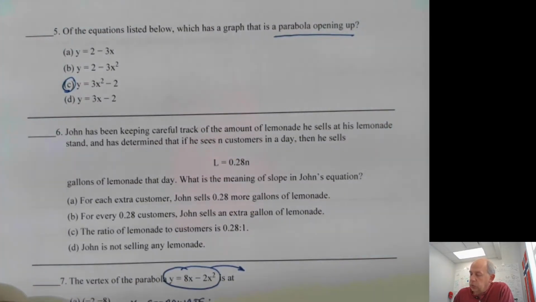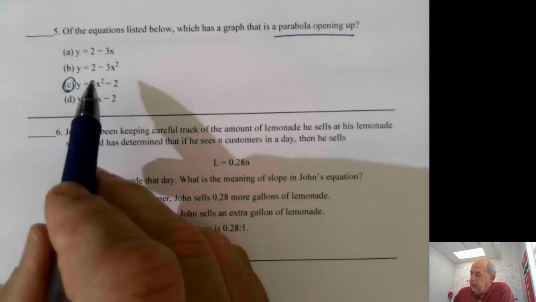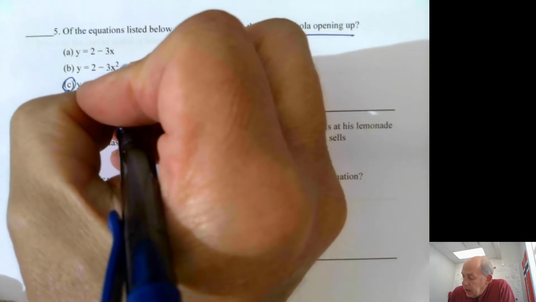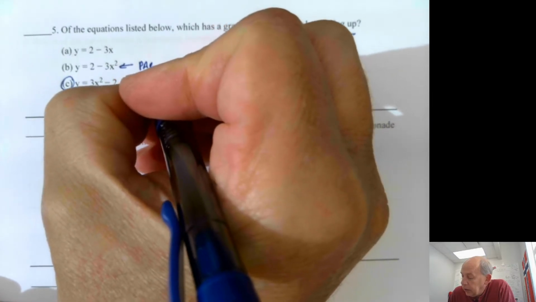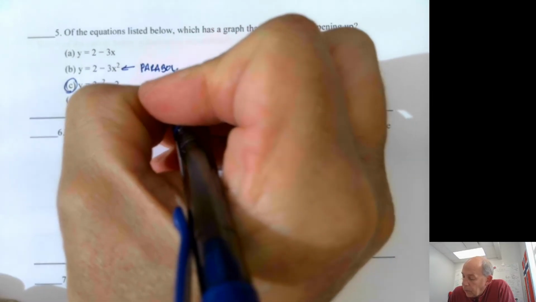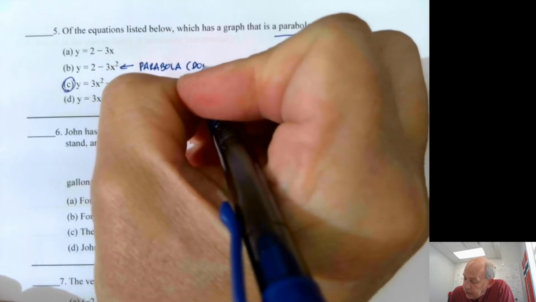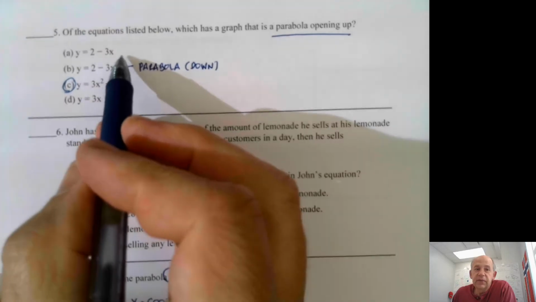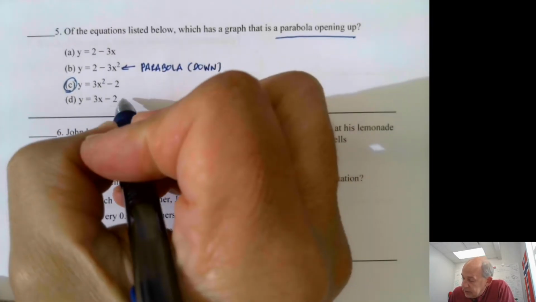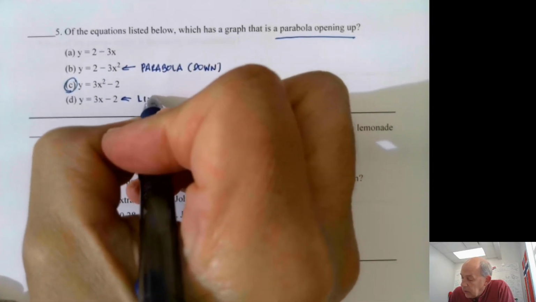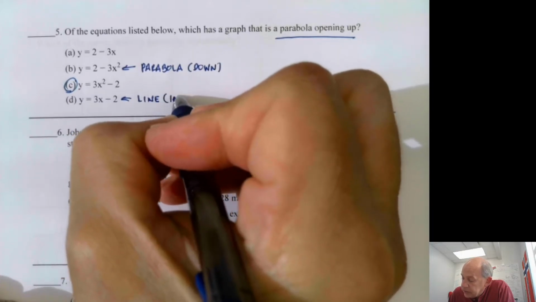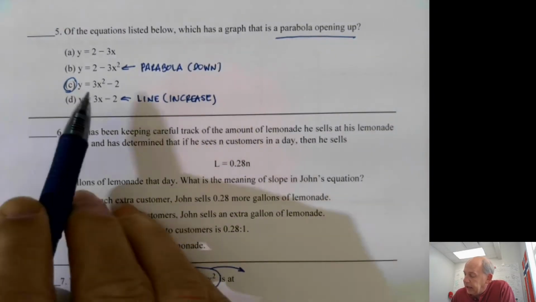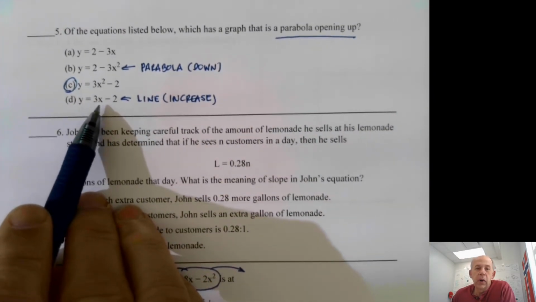My choice would be C. That is a parabola, x is squared, and the a value is positive. This is a parabola that opens down. x is squared, but the a value is negative. Choice D is a line that increases. And you might be saying, well, why is it a line? x is not squared. Why does it increase?